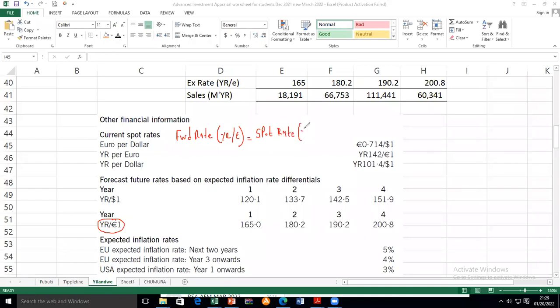What format is that? How many Y runs go on a single euro? Then you multiply this by 1 plus the interest rate or the inflation rate. In this case, the Y run goes here, and here is 1 plus the interest rate on the USD.